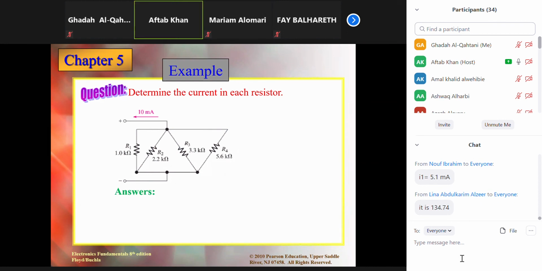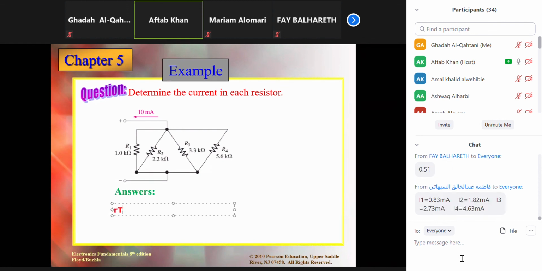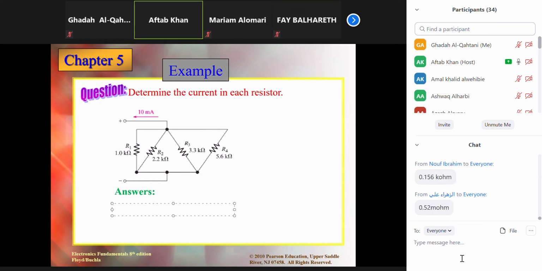Then only you can find the rest. Is it 3.36? I don't know how you people are calculating this one. How much are you getting? I will write it here. RT. Okay, 0.51.